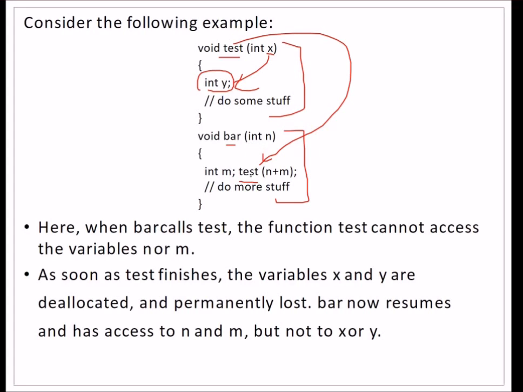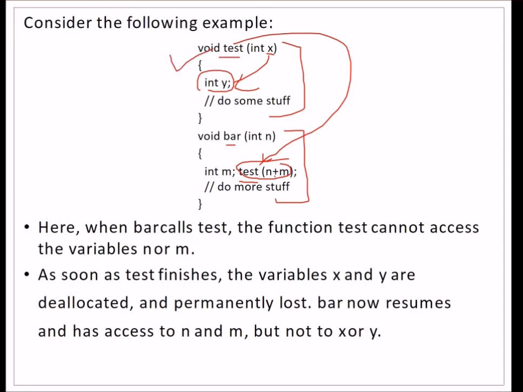Why? The function does not access these values, and as soon as test finishes, the variables x and y are deallocated, because x and y belong to test and they are permanently lost.